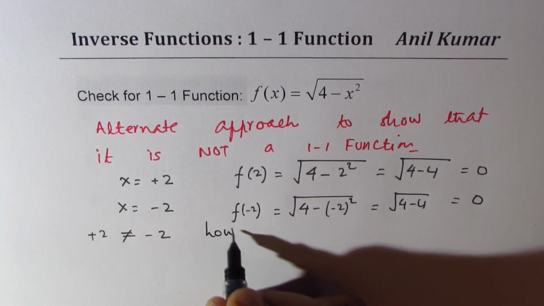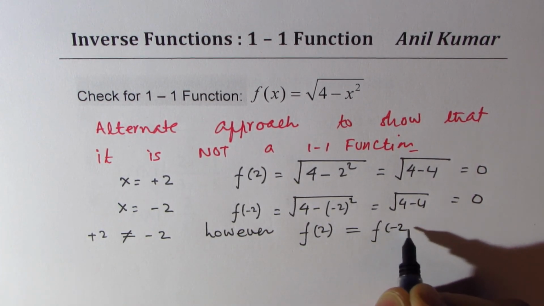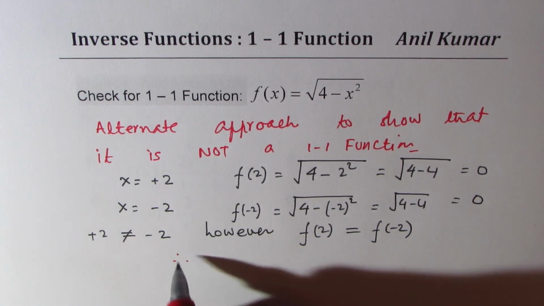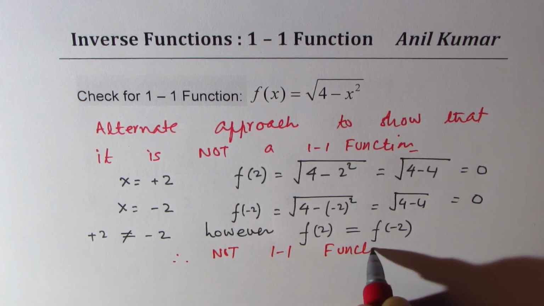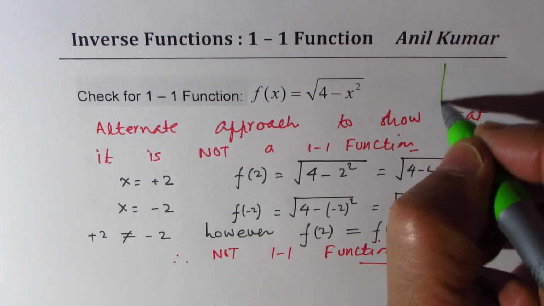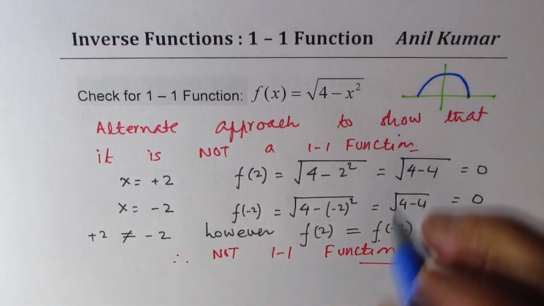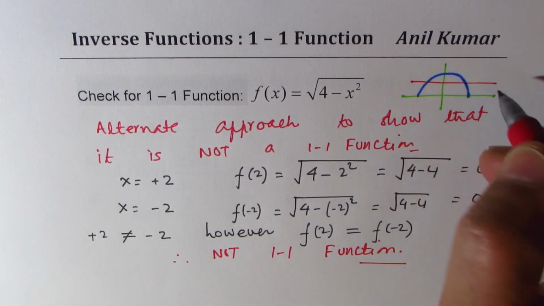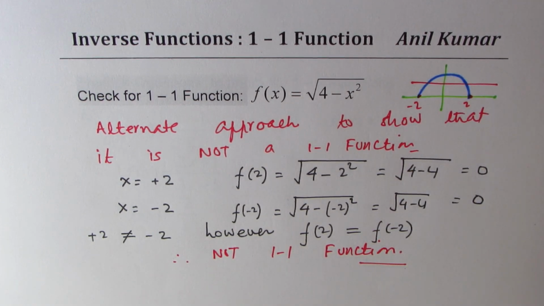However, f of 2 is equal to f of minus 2, and therefore it is not a one-to-one function. Is that clear? Right? So that is how you could show very easily that this is not a one-to-one function, correct? If you sketch it, you're going to get a semicircle like this, which fails the horizontal line test, and these are the two values which we are talking about. Both give you 0, right?